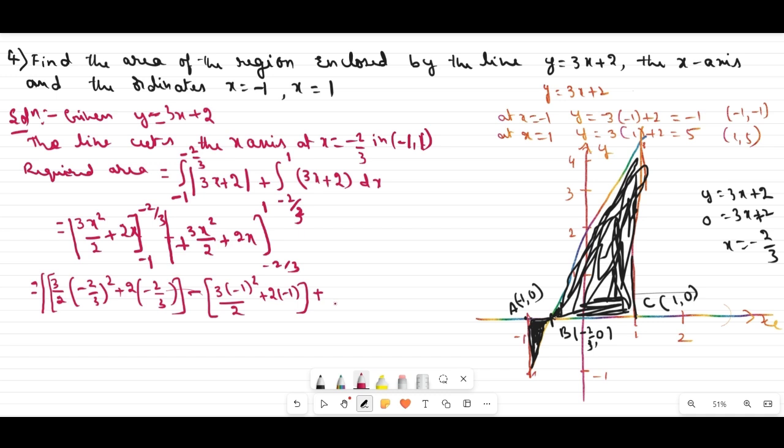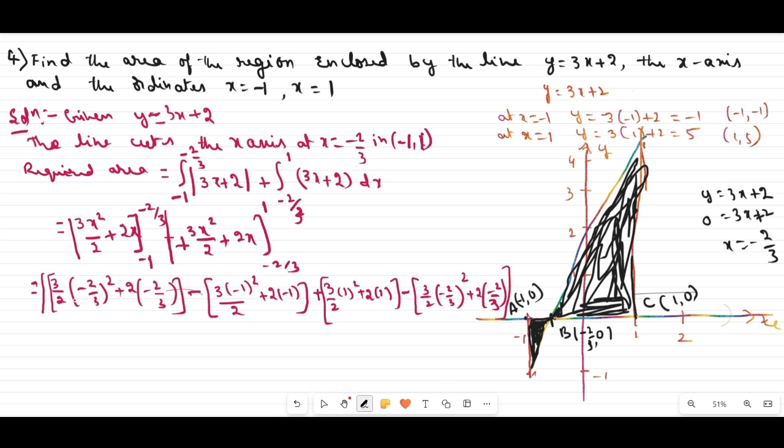So I applied the lower limit. Okay, now I am applying the upper limit, 3 by 2 into 1 square plus 2 into 1. Now I apply the lower limit, put a negative symbol: 3 by 2 into minus 2 by 3 the whole square plus 2 into minus 2 by 3.